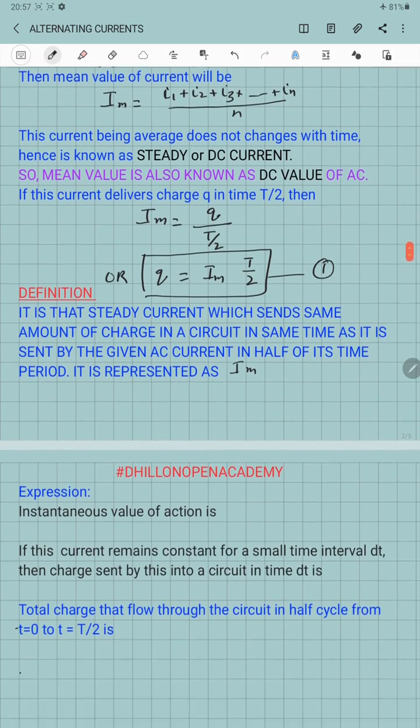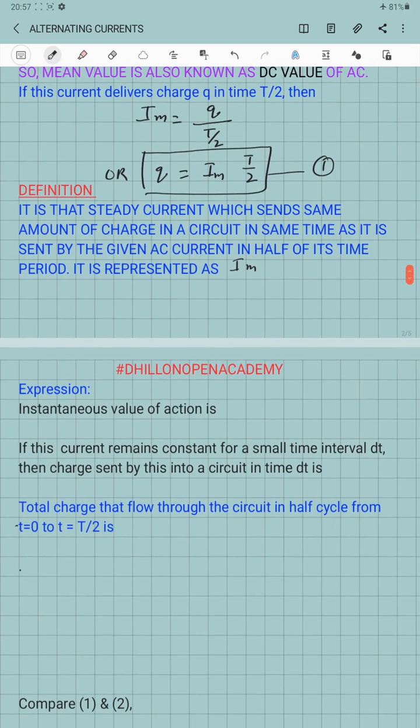Now we want to find an expression for it. We know that the instantaneous value of the alternating current I is given by I equal to I naught into sine omega t. Now if this current remains constant for a very small time interval dt, then it will be able to deliver a certain charge into the circuit in the same time, which can be given as dq equal to I into dt, or I naught into sine of omega t into dt.